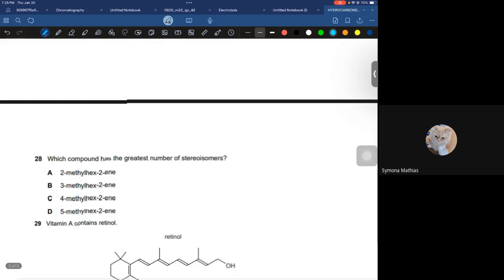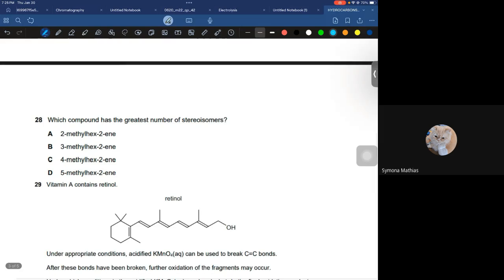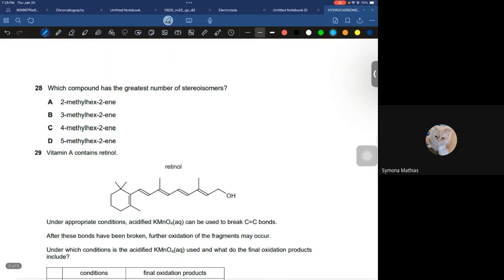Okay, see this. Which compound has the greatest number of stereoisomers? First of all, you have to make the structure.